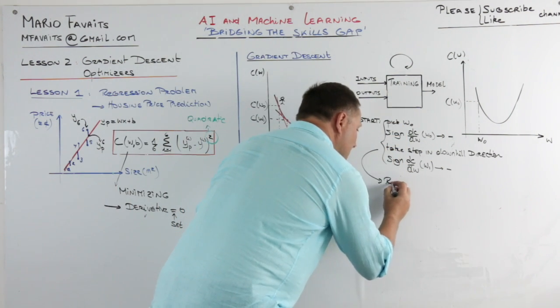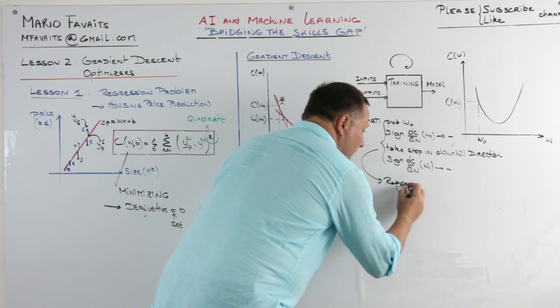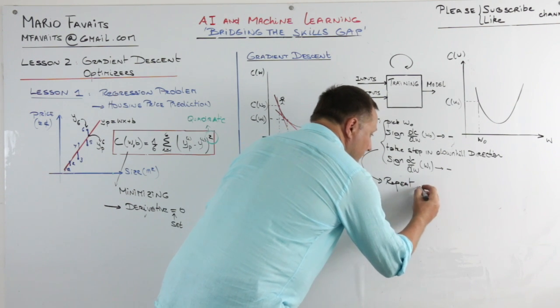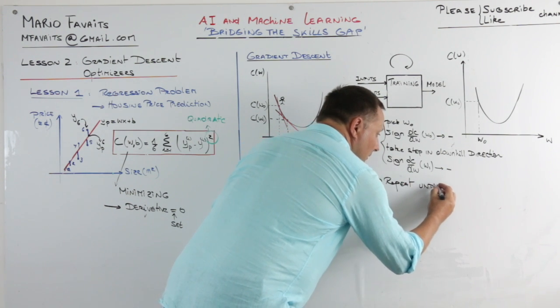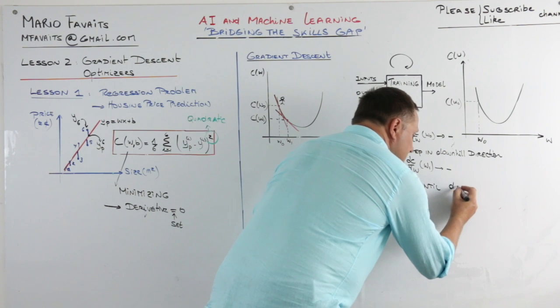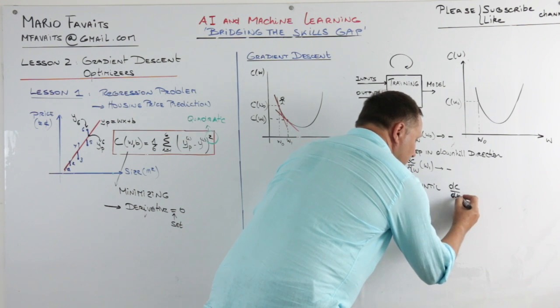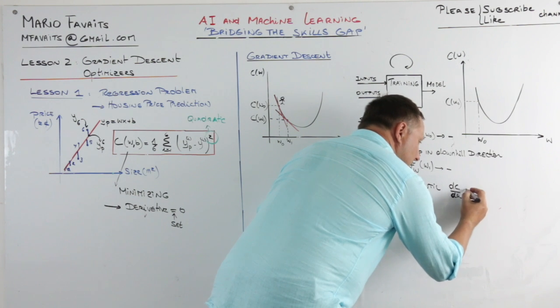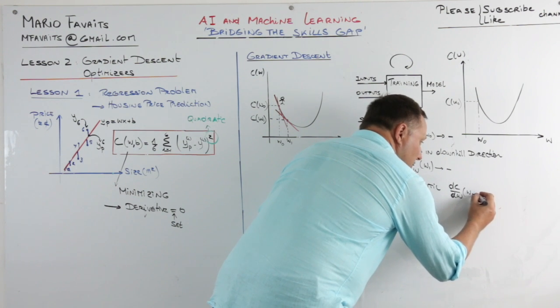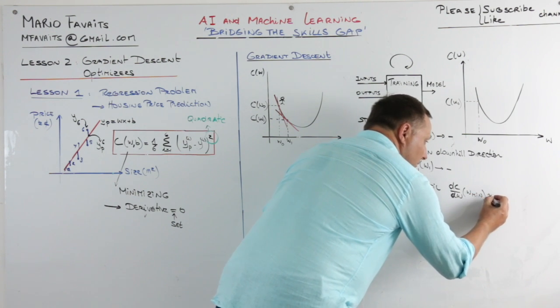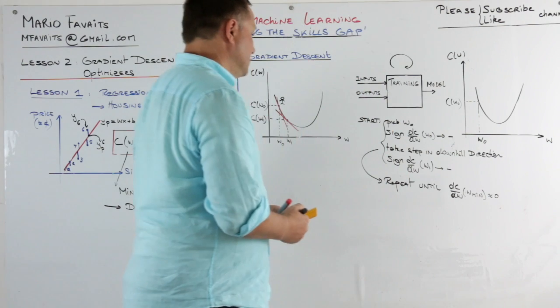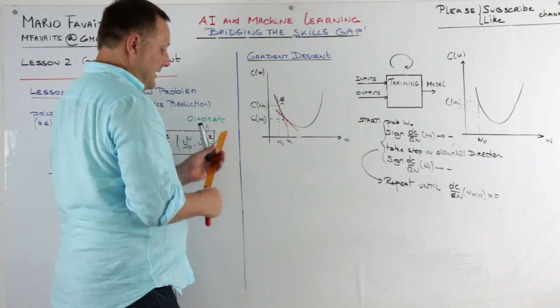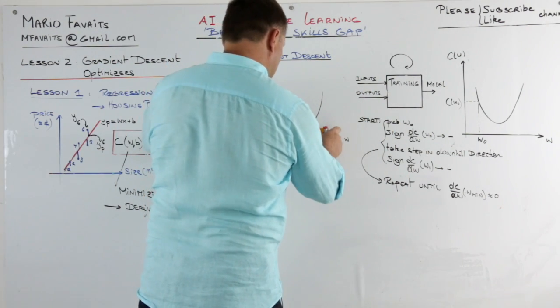We'll repeat until dC/dW, in a point I would call W minimum, is close to 0. Yeah, so that's basically the line here.